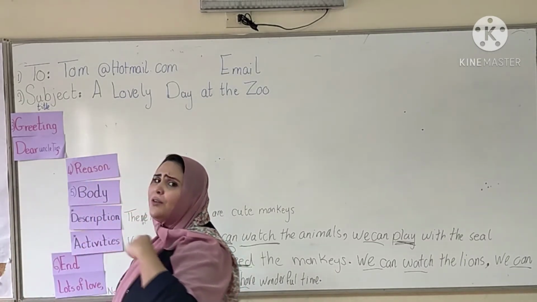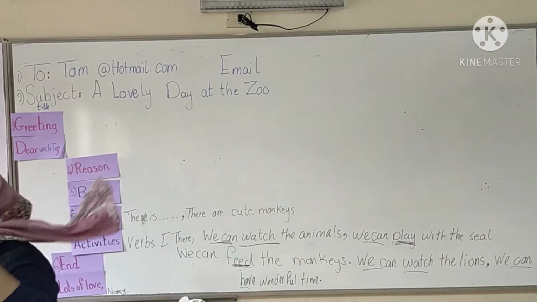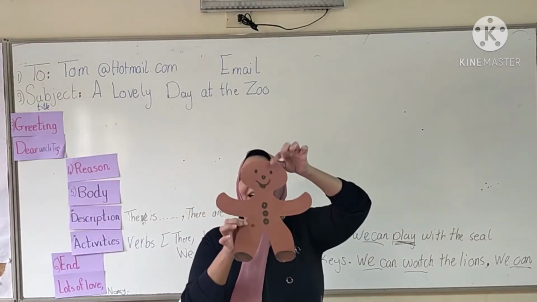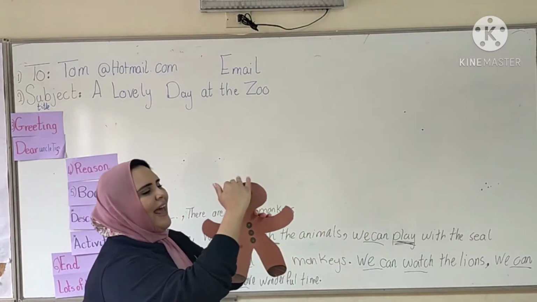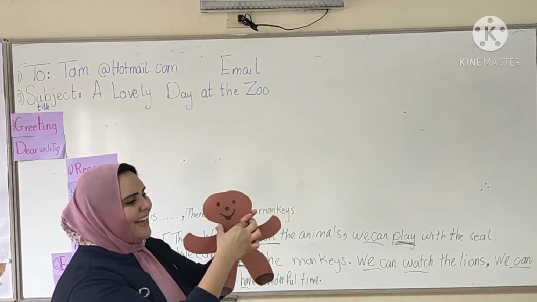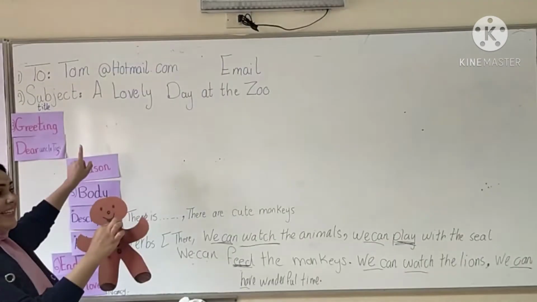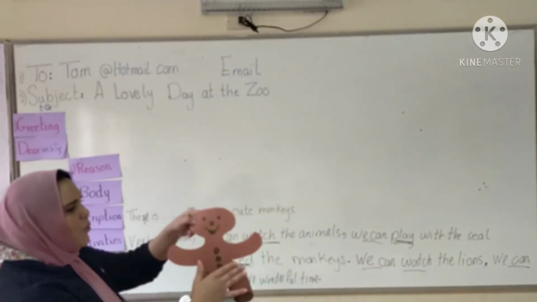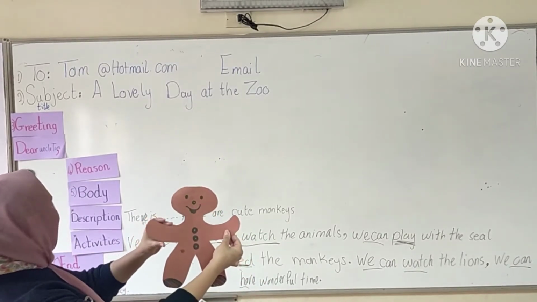What are the parts of the email? Let me explain using my gingerbread here. What are the parts? We have here the head, greeting, the neck, reason, the body. It has two parts. The body has two parts. What are they?